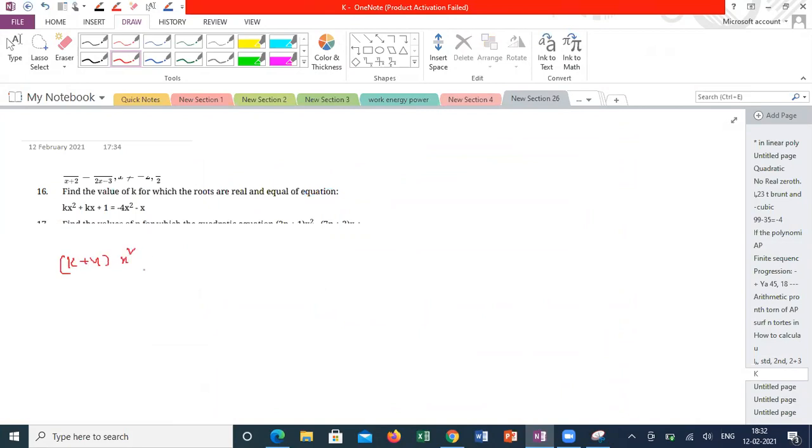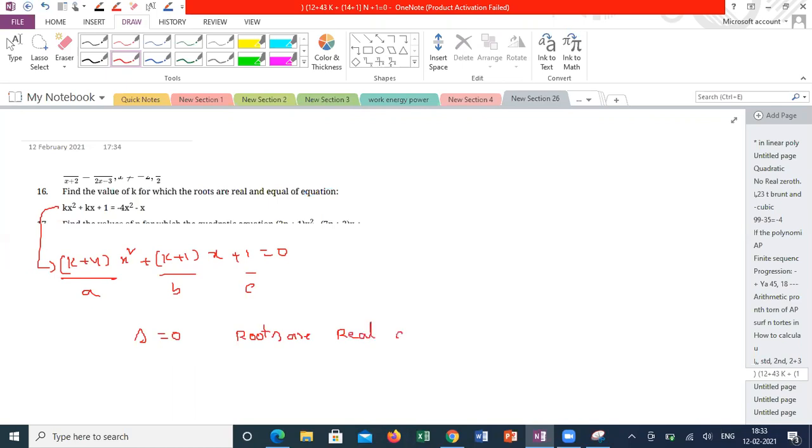I am writing a little bit directly, guys. If anybody is not clear, please let me know. k plus 1 into x plus 1 is equal to 0. Is this the proper form of the quadratic equation after converting from the given data? Yes, sir. So in this case, what are a, b, c? This is a, this is b, this is c, in ax squared plus bx plus c. If delta is equal to 0, then the roots are real and equal, correct?